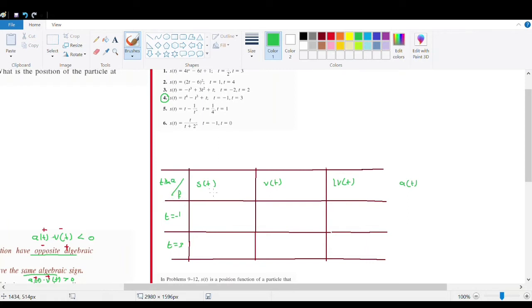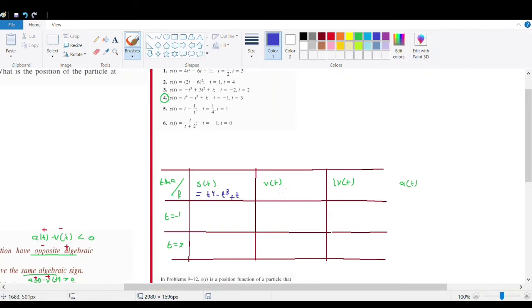So here we have s(t), it is given that it is equal to t to the power 4 minus t cubed plus t.